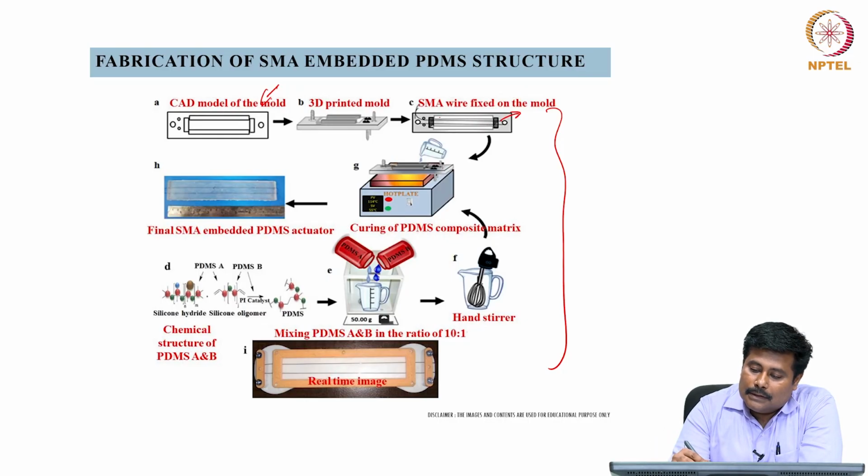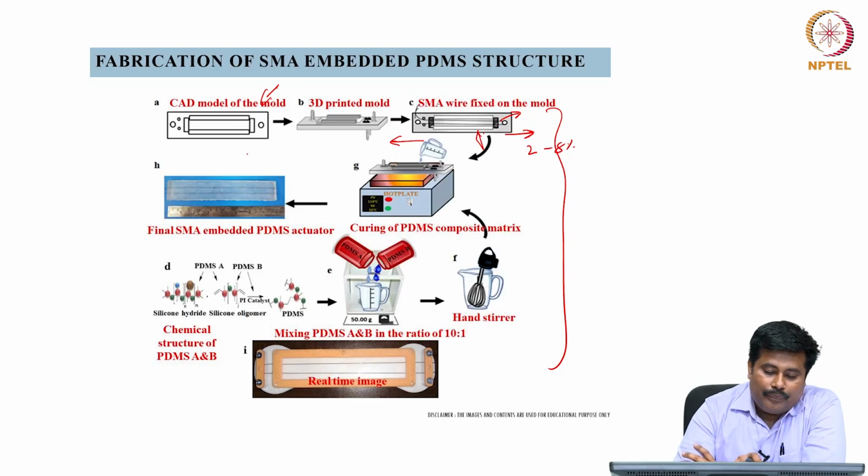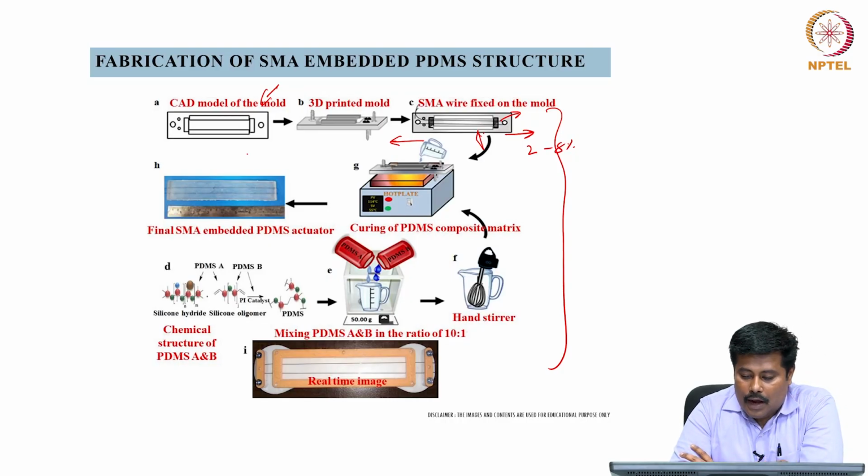Over this SMA wire there is a mold which is kept, and these SMA wires are strained from 2 to 5%. Over this, the PDMS structure is laid, and then the PDMS is cured for an appropriate composition matrix.